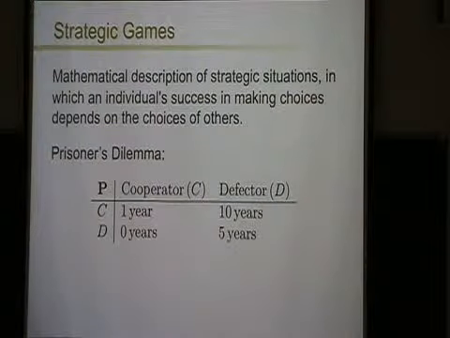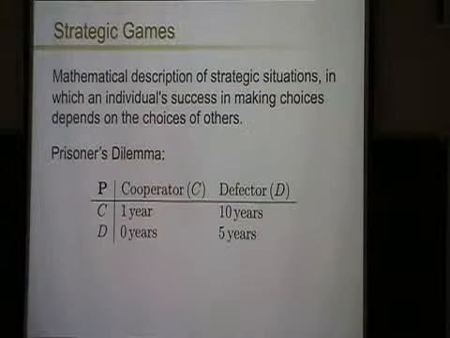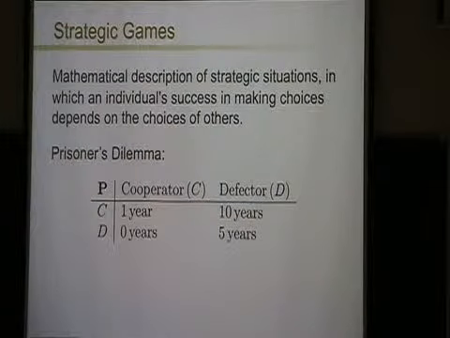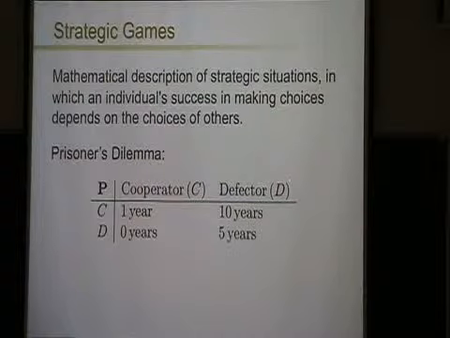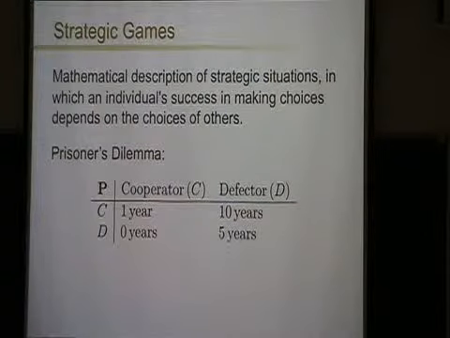So they're sent to prison for 1 year. So that's the game, and the way you put it mathematically is in terms of this payoff matrix here. It makes it a little clearer what's meant by this. So you have two suspects, a player 1 and a player 2. So you have a row player and a column player.